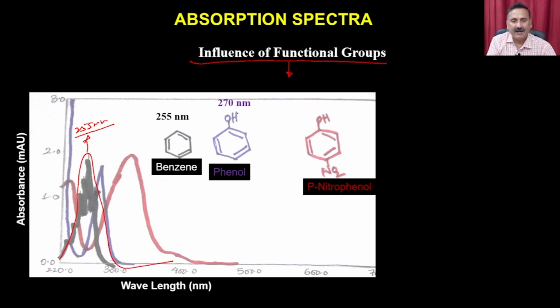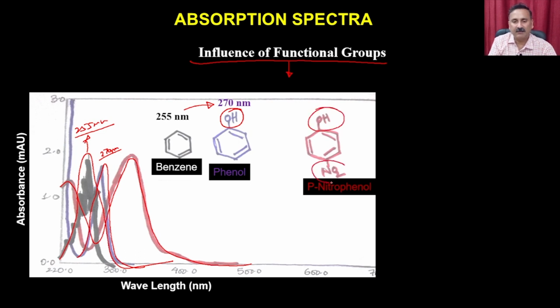When you add the OH, you are shifting the wavelength, and it absorbs slightly more, at 270 nanometers. And when you put in the NO2 and OH, it is shifted further towards this side.